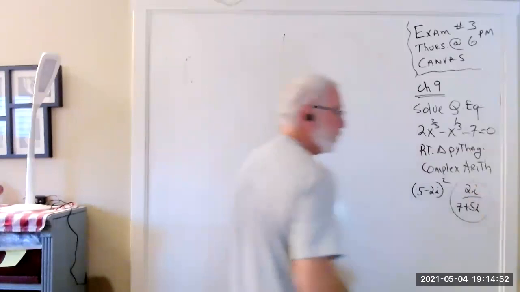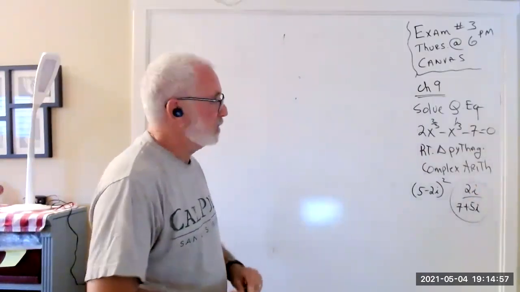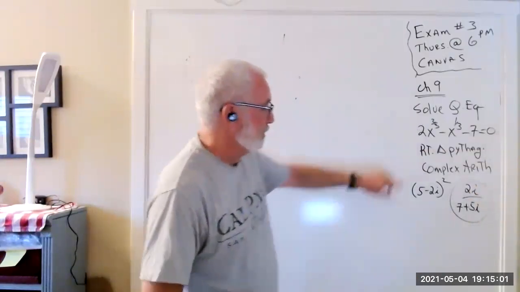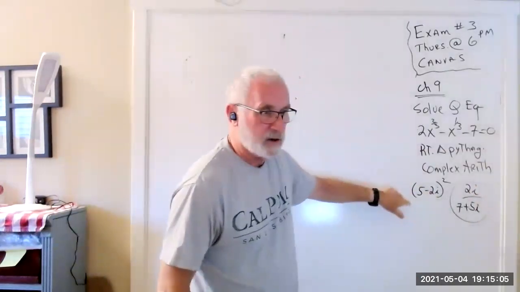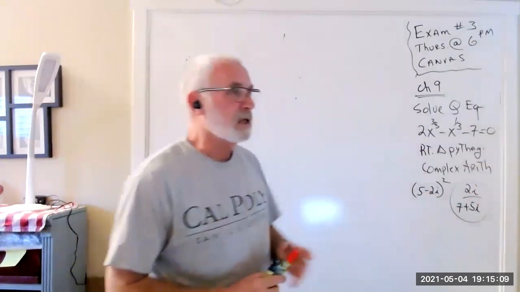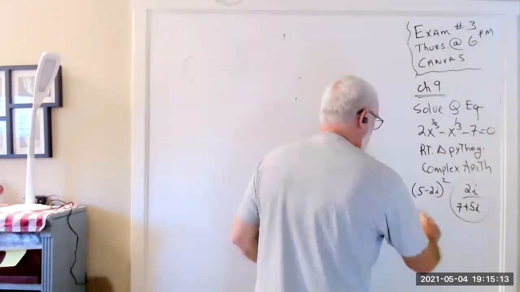How do you rationalize it? Go back and look at your homework and your notes for that. In chapter 9, we did that. That was called complex numbers or complex arithmetic. There are some questions that are going to be on there. Okay, some solving.